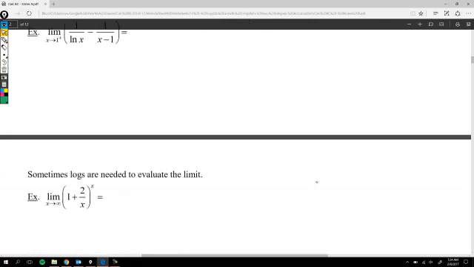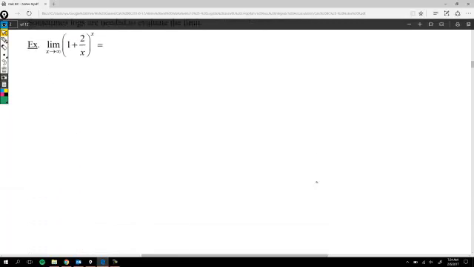Okay, let's keep going. The last one, we have to do a little bit of extra work here to get it to look like a fraction. So what I'm going to do is state that all this is equal to y. I'm going to say y equals the limit as x approaches infinity of my function.